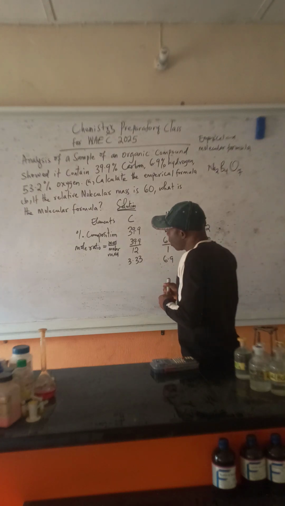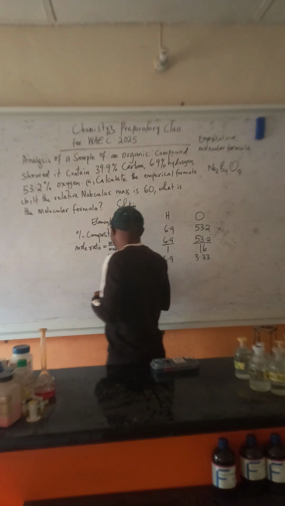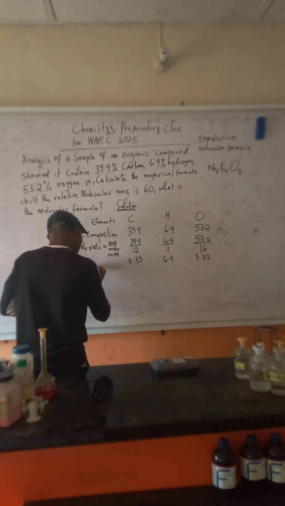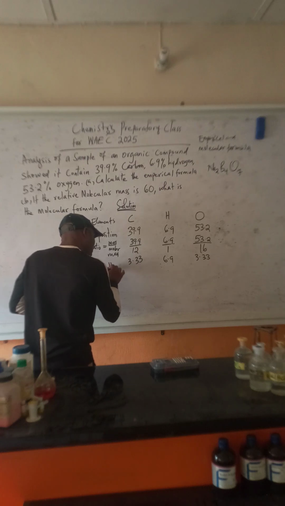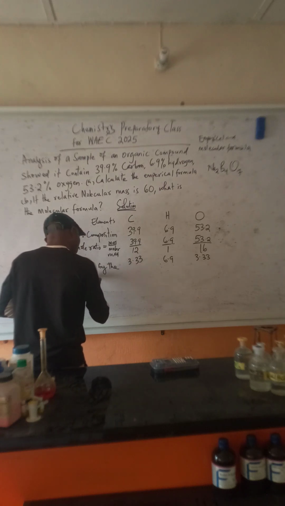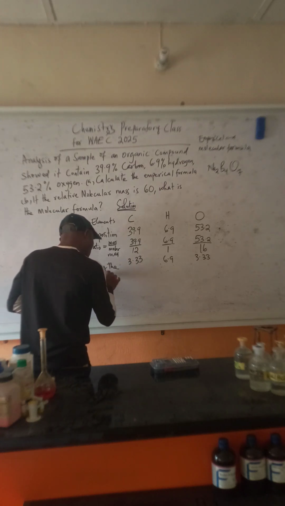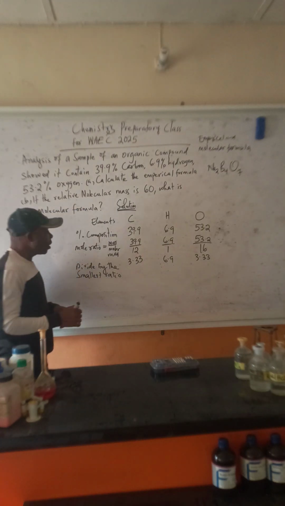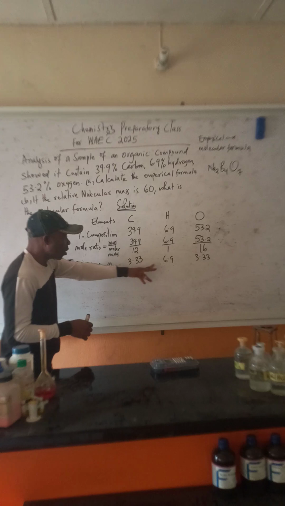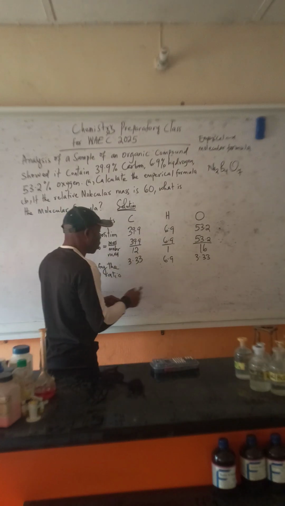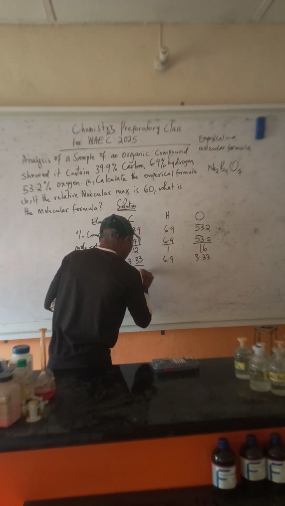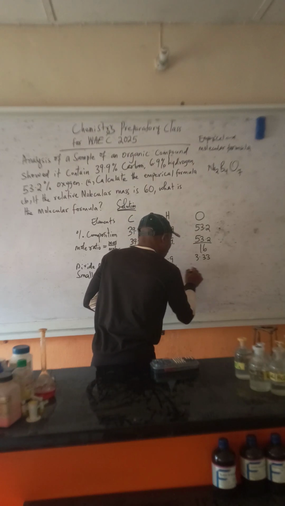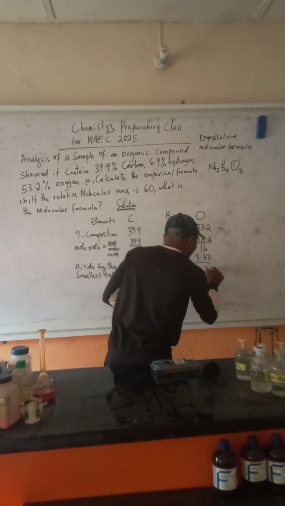Now divide by the smallest ratio. Out of 3.33 and 6.9, 3.33 is the smallest ratio, which means here divided by 3.33, here divided by 3.33, and here divided by 3.33.